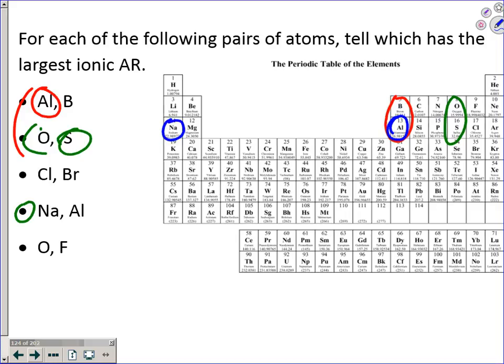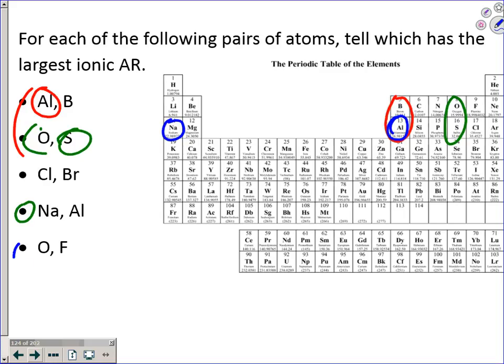We're talking a period trend, so of course I know you can do the finger trick and just say it's sodium, but if I ask you to explain, you would say sodium has a higher or lower Zeff? Lower Zeff, so it stays large because the attraction is not as strong and doesn't influence the size too much. Aluminum has higher Zeff because it's got more protons, so it can attract its electron shell.